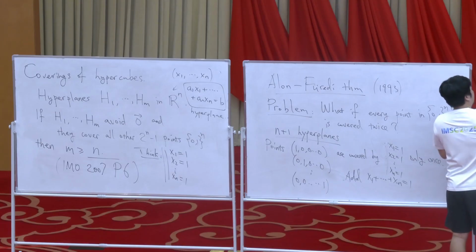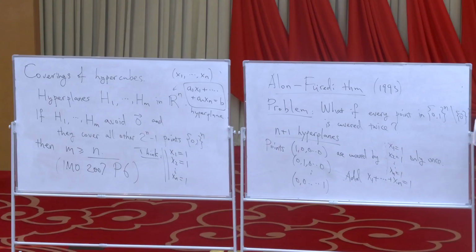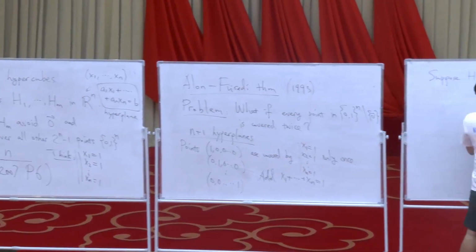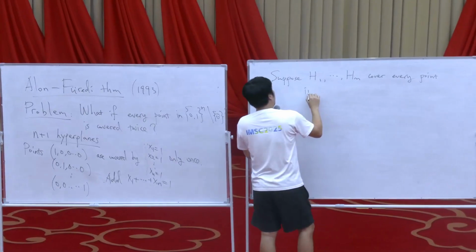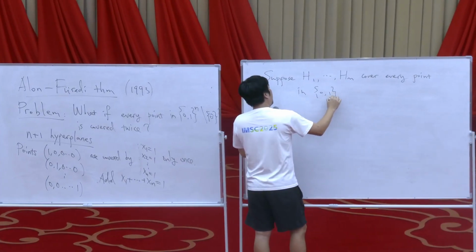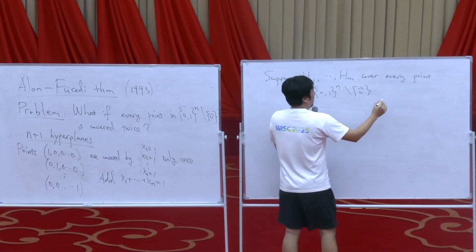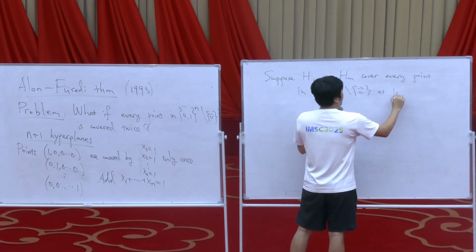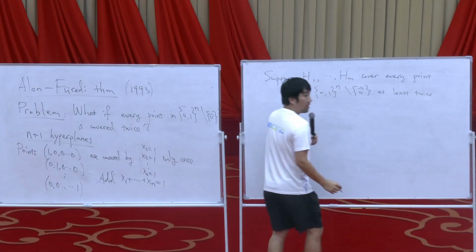Okay, suppose H1 through HM cover every point in the hypercube but the origin at least twice, right?